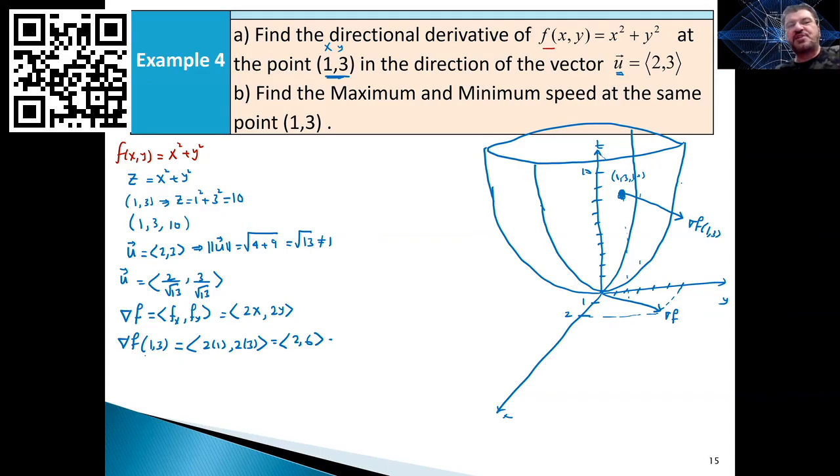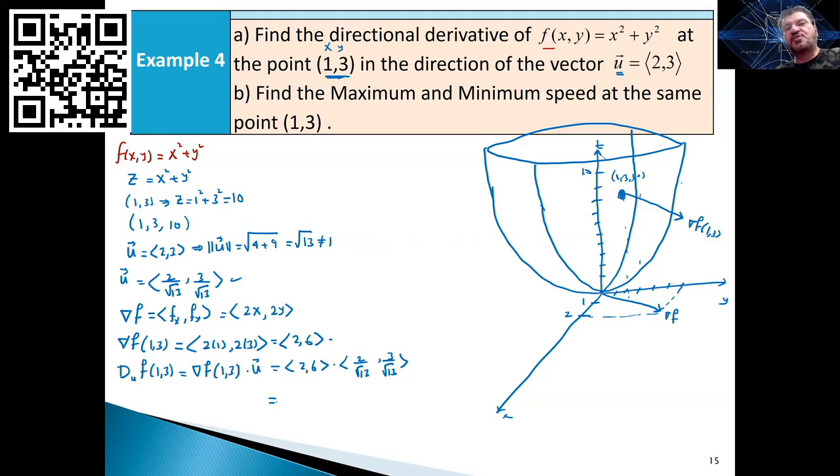Now, what's the directional derivative in that direction? The directional derivative of f at the point (1, 3) is equal to the gradient of f at (1, 3) dot u. The gradient is (2, 6), dot u, which is (2 over root 13, 3 over root 13).